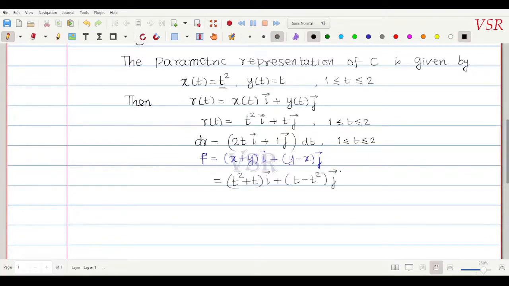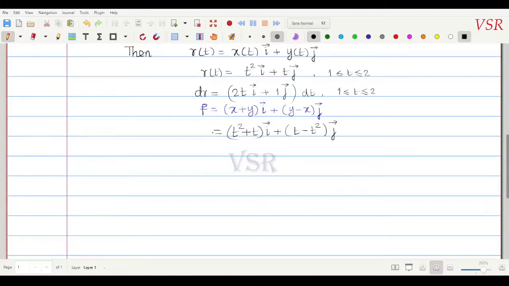Now I take the dot product of this F and dr. So this is F vector and this is dr. F dot dr is equal to 2t into t square plus t, plus 1 into t minus t square, into dt.